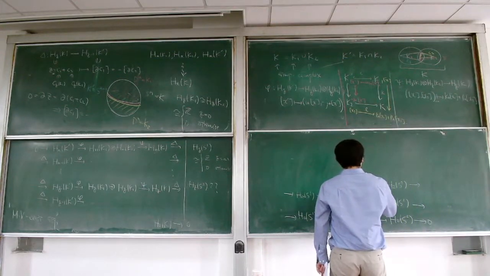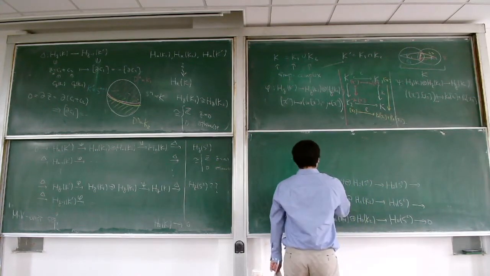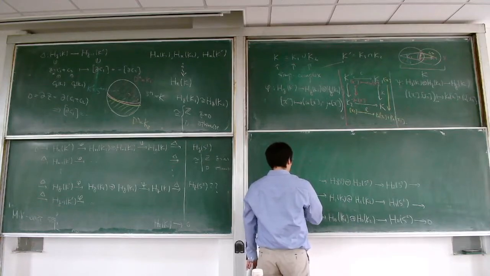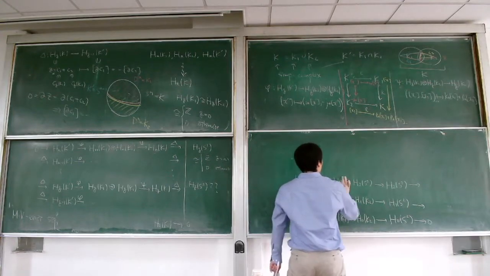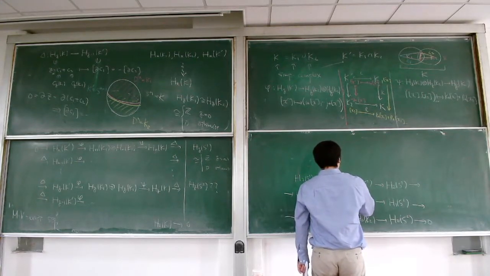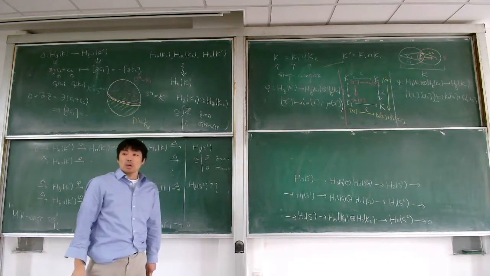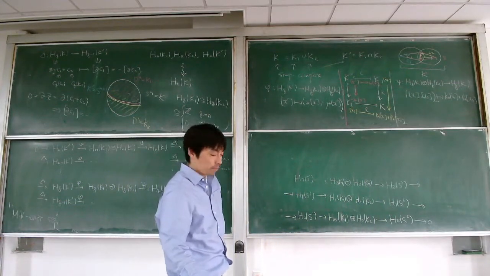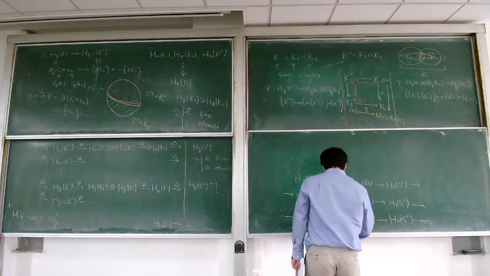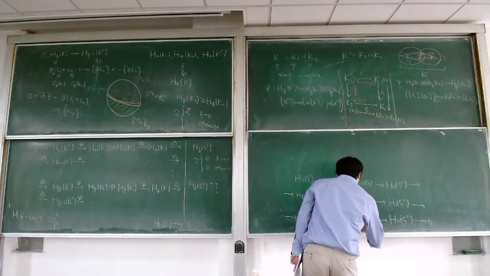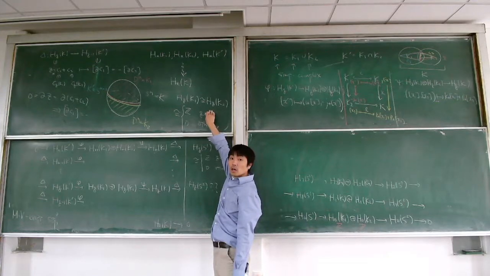H2 of S2 is just an iteration of S2, and sorry, this is H1. Sorry, I think we should have K1, K2. Am I correct? And we know this one is equal to Z, coming from here.